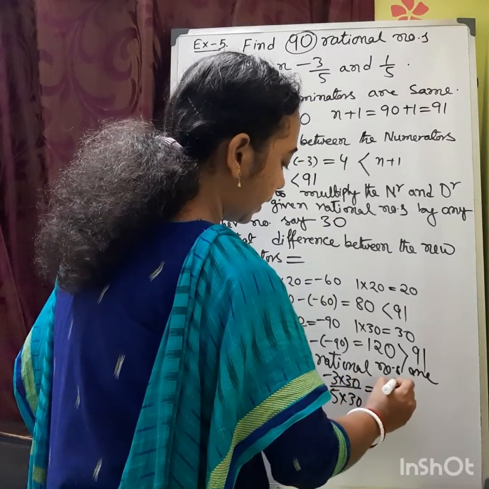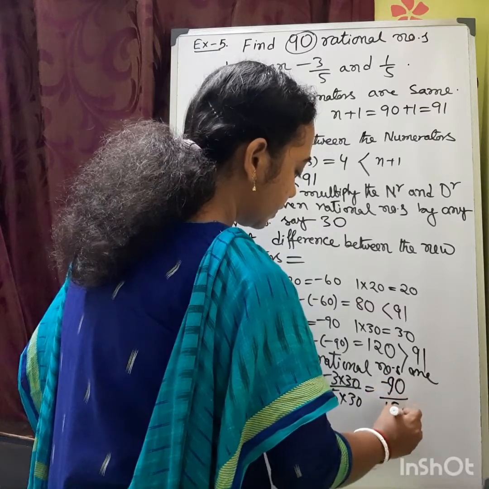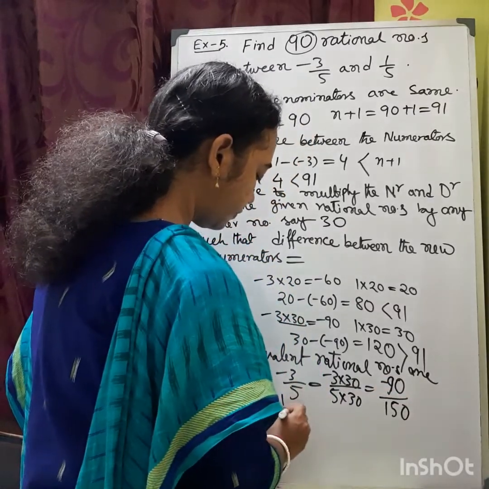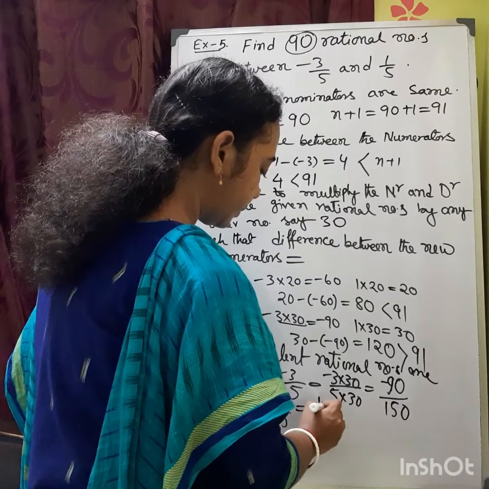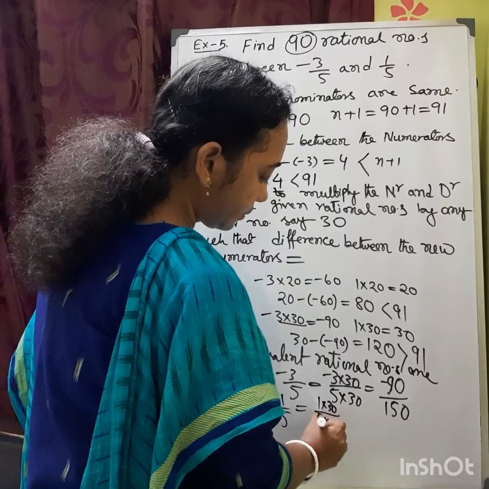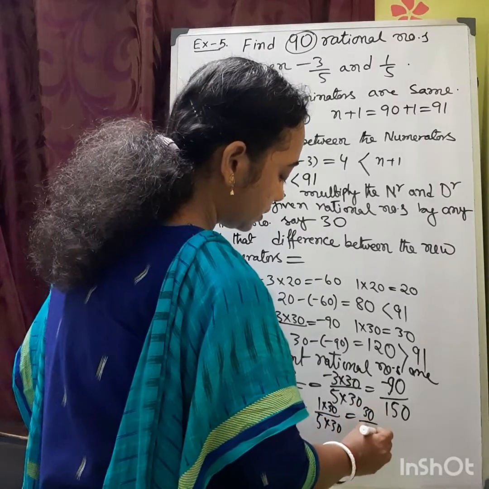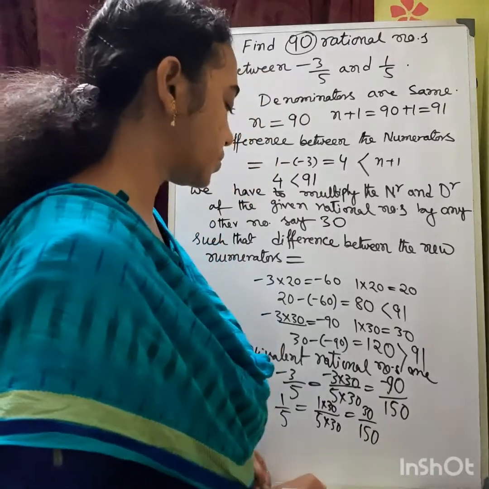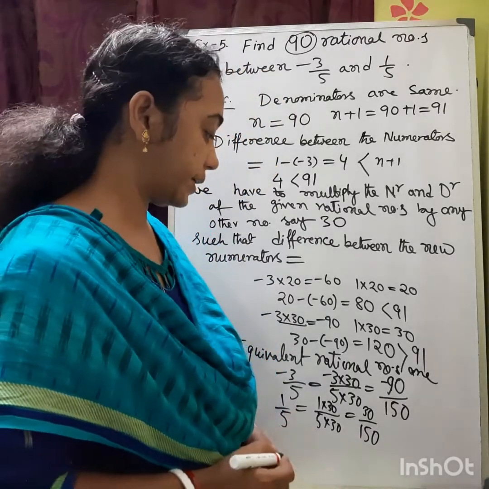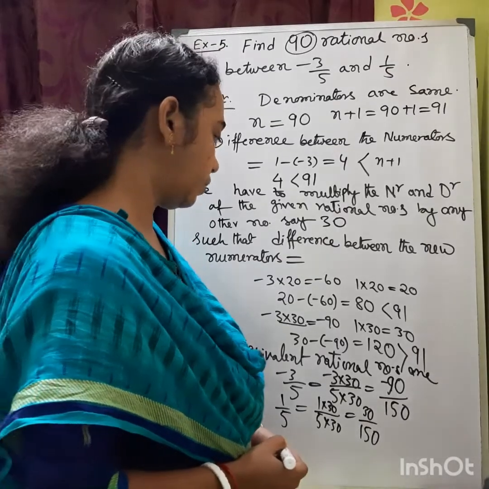It is coming minus 90 by 150. And another one is 1 by 5, that is 1 multiplied by 30 by 5 multiplied by 30. So here we are getting 30 by 150. So these are the two equivalent rational numbers we are getting here, minus 90 by 150 and 30 by 150.